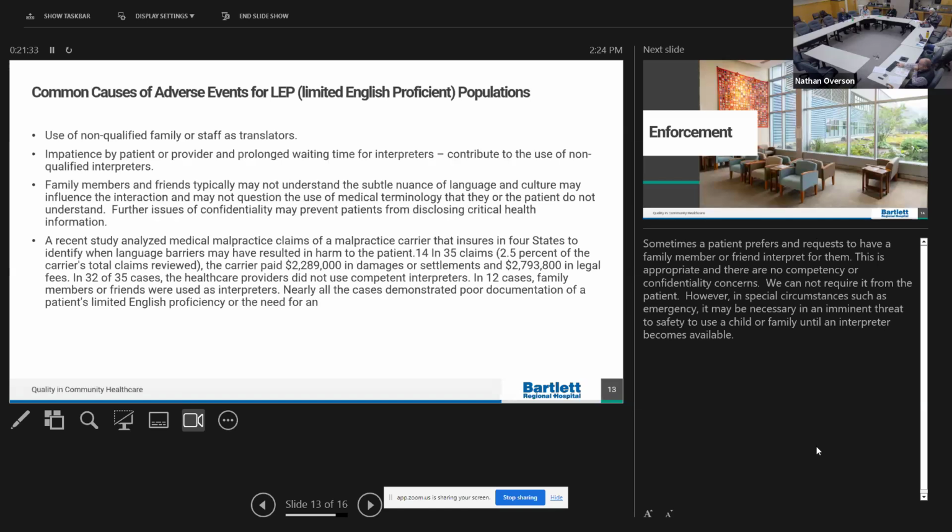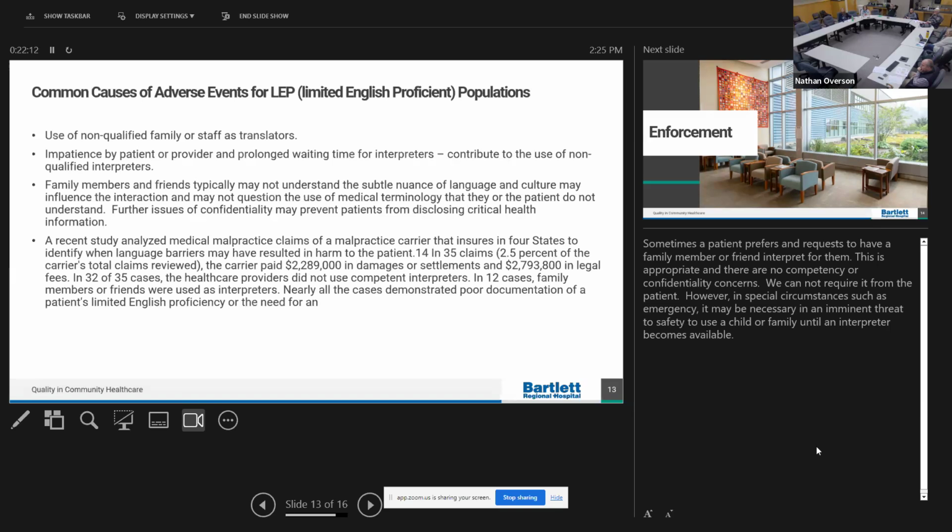So on the bottom, and you probably read it in your packet, it was interesting reading about the medical malpractice claims. When healthcare providers talked about it, there were patients identified as having limited English skills and it was not documented that an interpreter was used or offered.